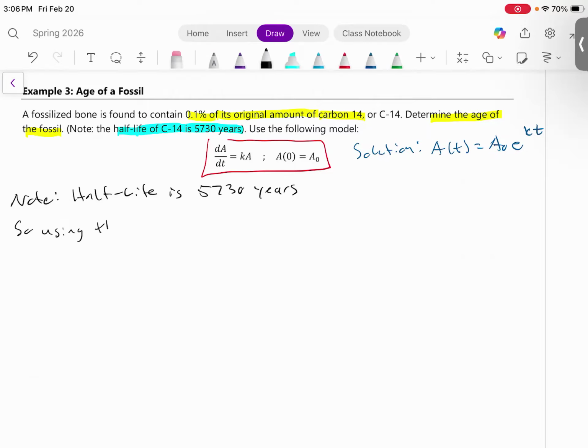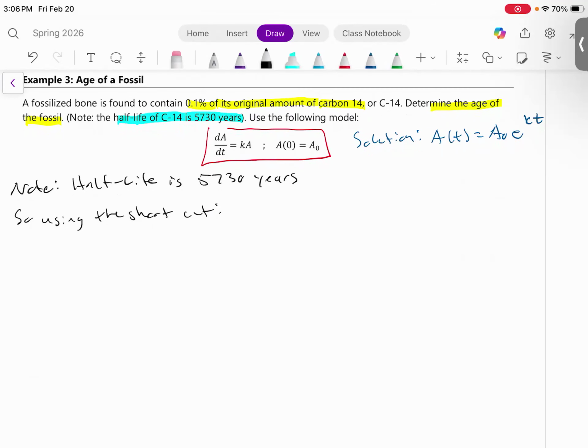Using the shortcut that we previously discussed, that tau equals natural log of 1/2 over k, our half-life is this tau. So tau, 5,730, equals natural log of 1/2 over k.